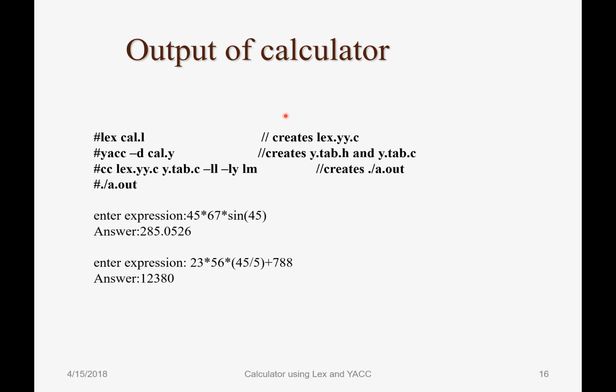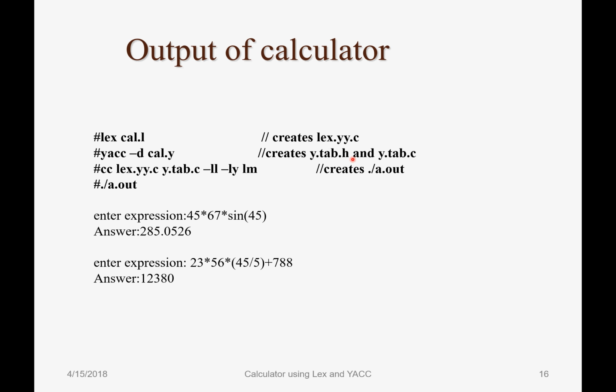You can see here, the first command is lex. Our file name is cal.l. It is creating lex.yy.c. Then next, yacc -d cal.y. Because of this -d, the y.tab.h file is generated. If we skip this -d, then only the y.tab.c file will be generated. So for y.tab.h, we need to write this -d.